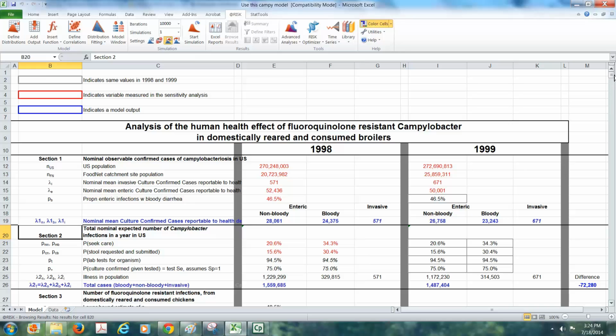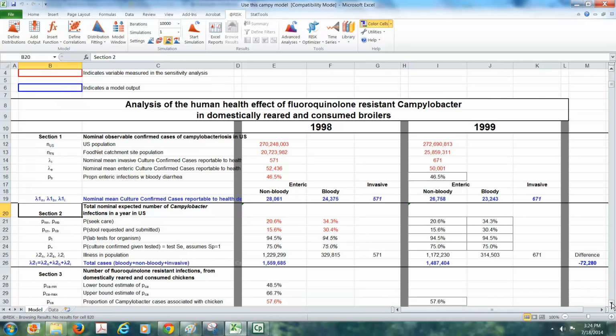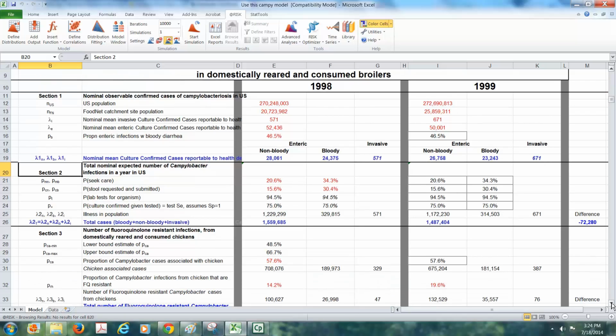Section 2 is going to build on those numbers from Section 1 because we know that not many people actually have their illness confirmed. So if you take this 28 plus 24, that's 52 or 53,000 cases of confirmed Campylobacteriosis.